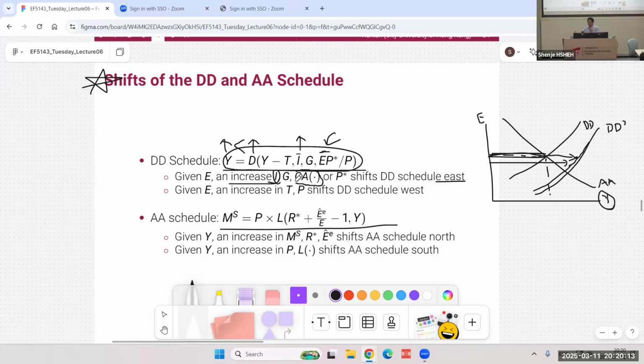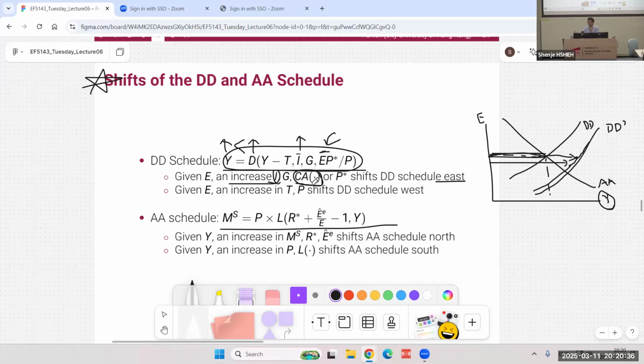I wrote CA here, meaning maybe there is a change in consumption patterns in the country. So maybe the entire current account function is different now because people are just like, I'm going to buy imports no matter what. They love imports now. In that case, that could also change the way in which aggregate demand changes, right?